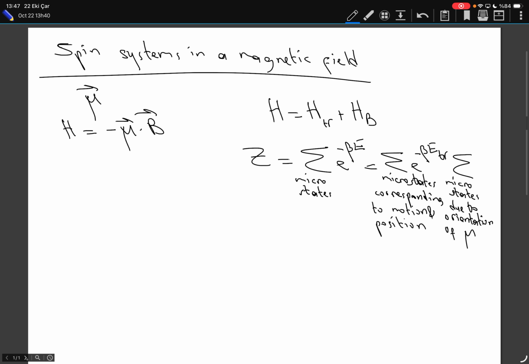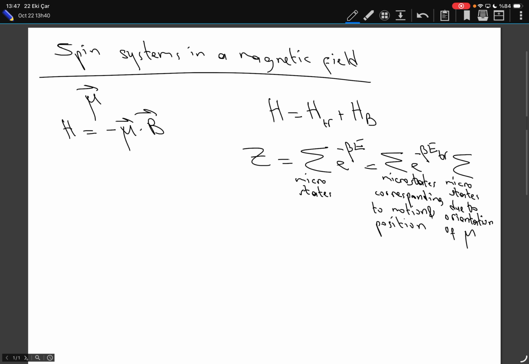of mu. In fact, you can do this separation, for example, for an ideal gas with internal structure. The microstates will depend on the translation and the position, and also it will have degrees of freedom corresponding to the internal degrees of freedom. So those two sums will also separate in general, under a very good approximation, let's say.